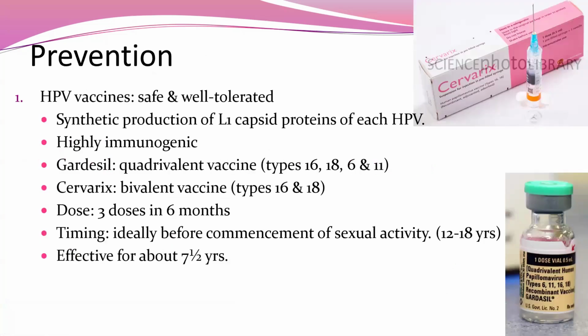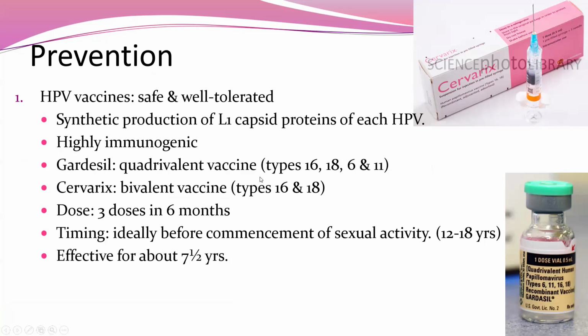Prevention. What is the HPV vaccine? It's usually given between 12 and 18 years of age, and it's now part of our extended program of immunization. It's a highly immunogenic vaccine, a synthetic production of the L1 capsid protein of each HPV. There are different formulas of different vaccines.